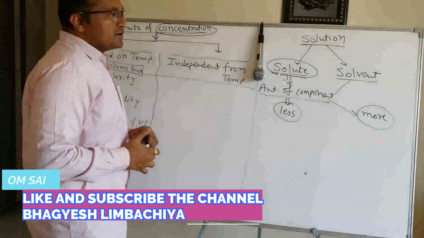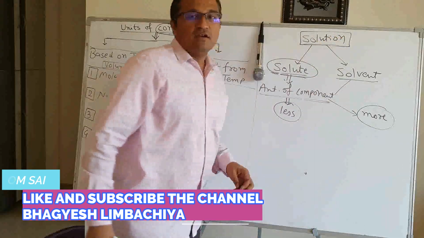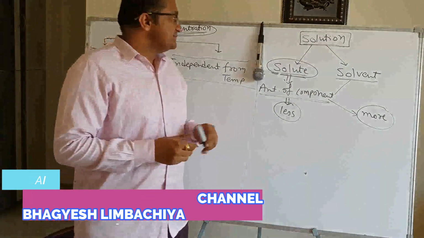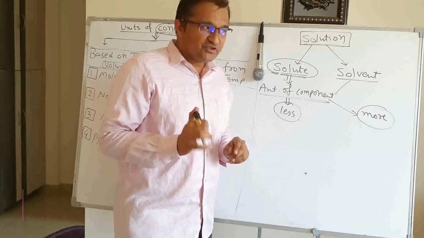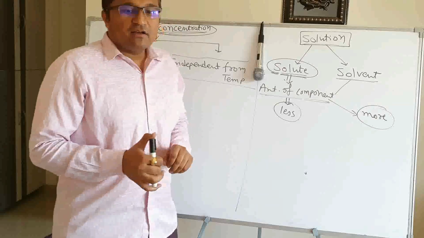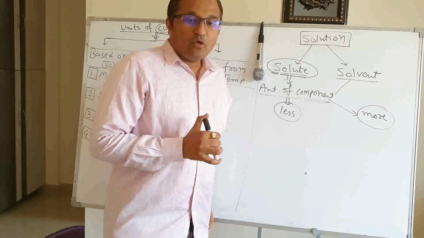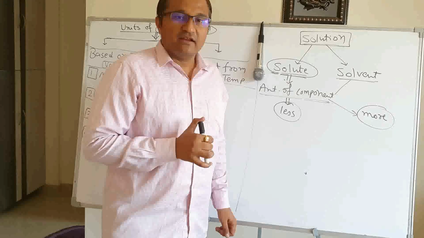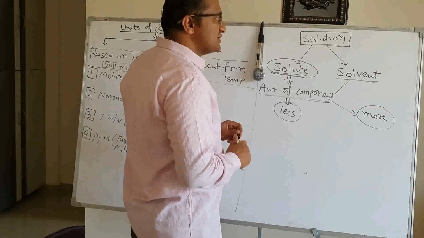Okay. So first of all, solution. Solution means whenever a homogeneous mixture is formed. Homogeneous means whenever two components are mixed together, at that time both cannot be separated by naked eye, then this type of mixture is known as homogeneous mixture.